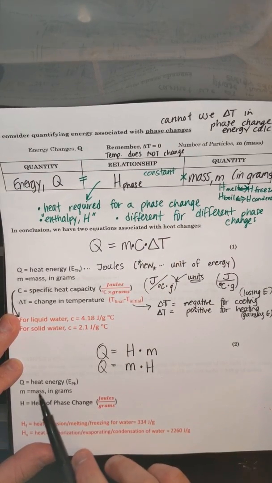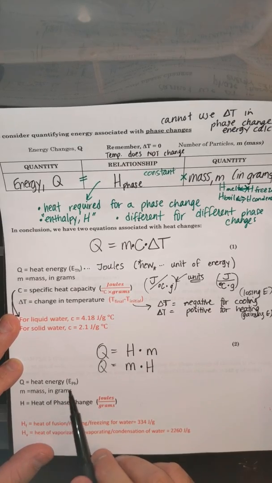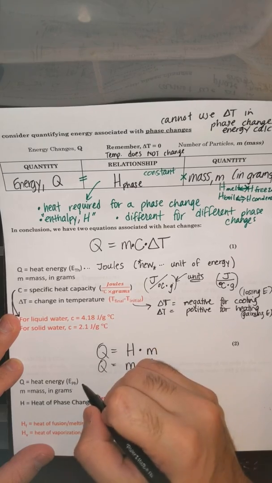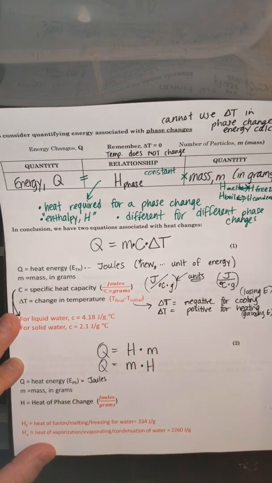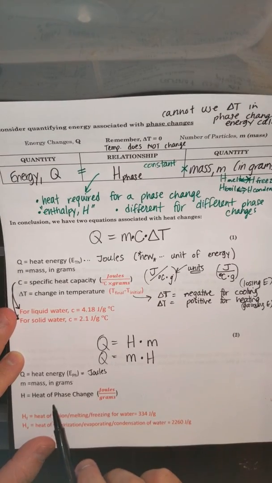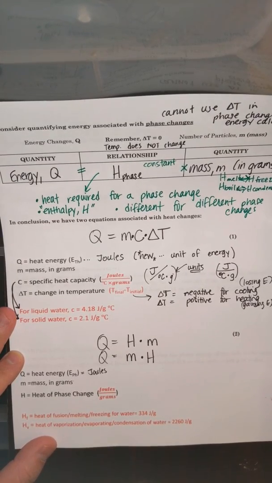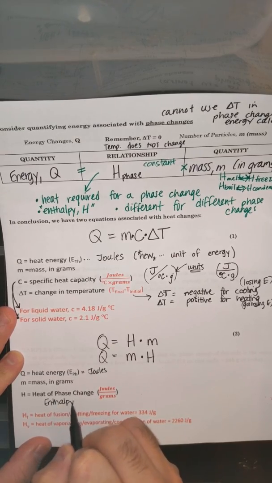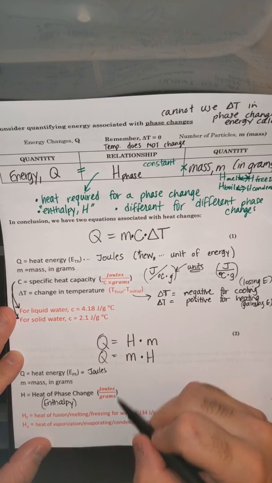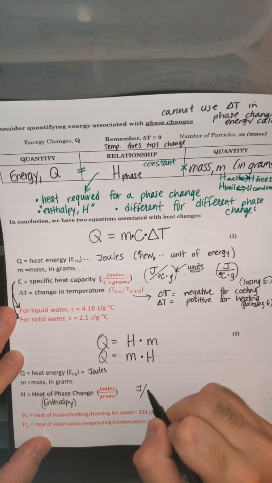Where Q is the energy required for the phase change, which is in joules. M is the mass in grams, and then H is the heat of the phase change, and we also call that enthalpy, and that's in joules per gram, J over G.